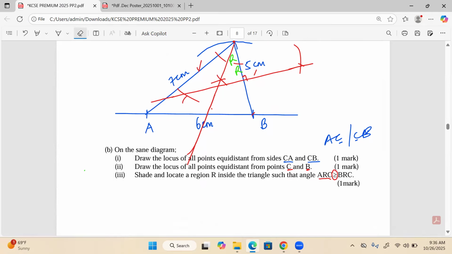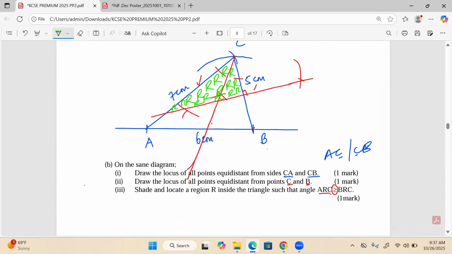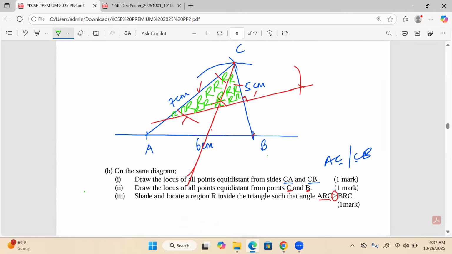We follow the line bisector. So these particular coordinates should be here. The values should be here on that region, and inside the triangle. So if we are taking an angle ARC and we want it to be greater than BRC, then that is what we are supposed to consider. A very good question.